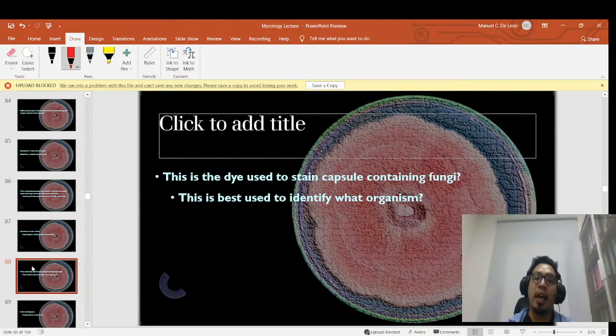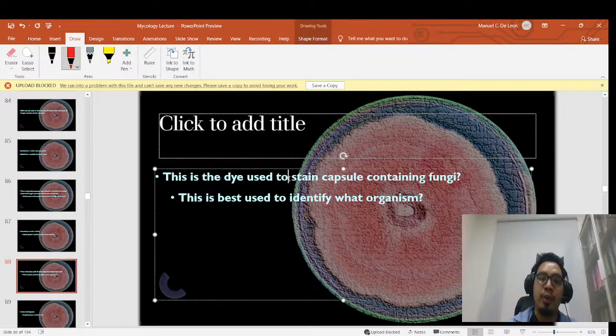All right. This is the dye used to stain the capsule. Actually, this is to stain the background of a capsule containing fungi. So I'm going to change this one.